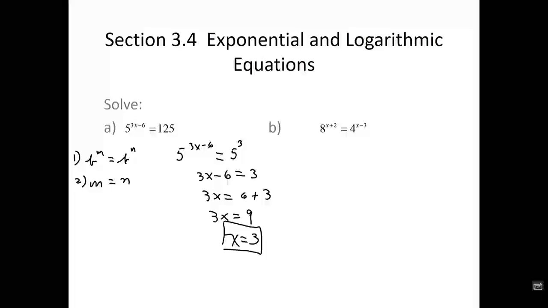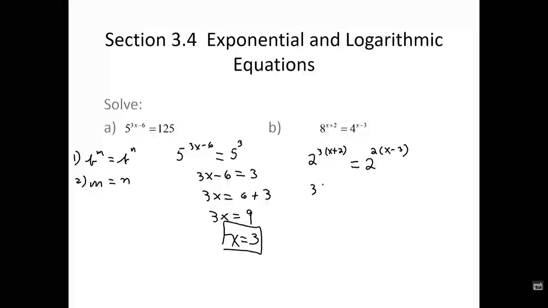So what do we have here? 8 can be written as 2 cubed, raised to x plus 2. 4 can be written as 2 squared, raised to x minus 3.